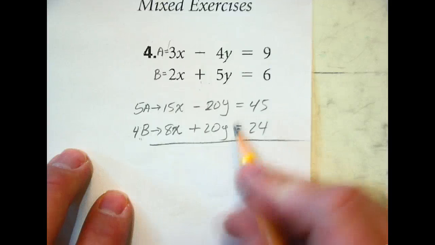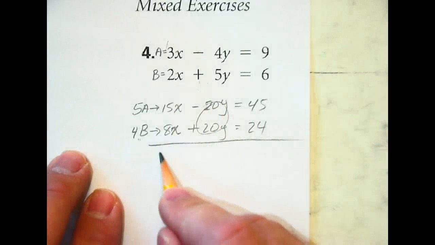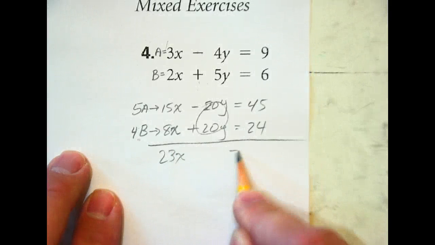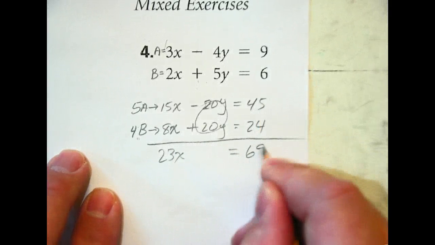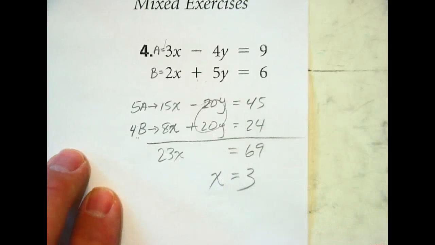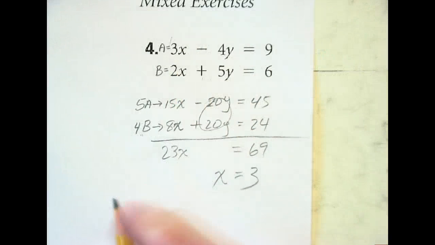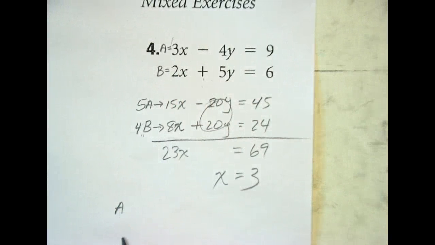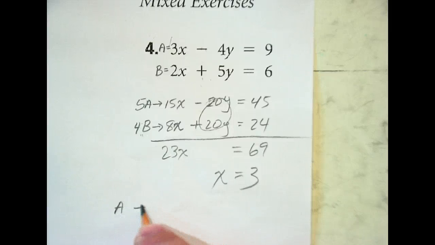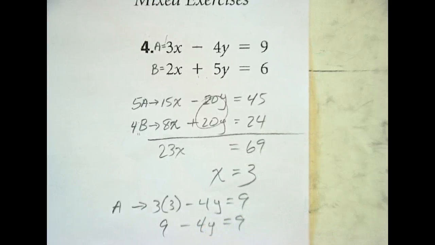Okay? So now we eliminate here, right? There's my 0. 23x equals 69. X equals 3. If x is 3, I've got to plug that back in somewhere up there. Maybe I use A. If I use equation A, that's 3 times 3 minus 4 times y equals 9. 9 minus 4y equals 9.